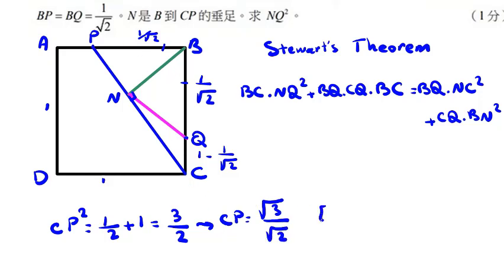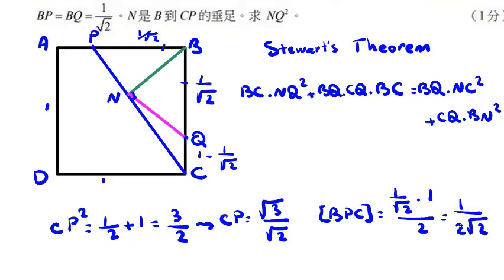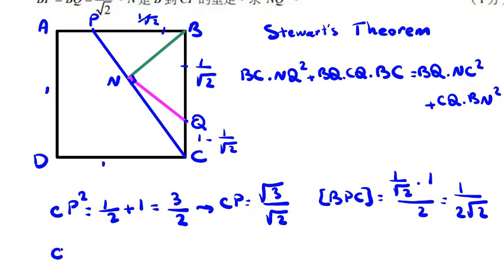Area of BPC is 1 over root 2 times 1 over 2, which will be 1 over 2 root 2. Now we can say CP times BN over 2, the area, equals 1 over 2 root 2.